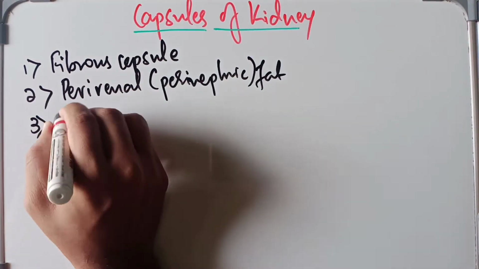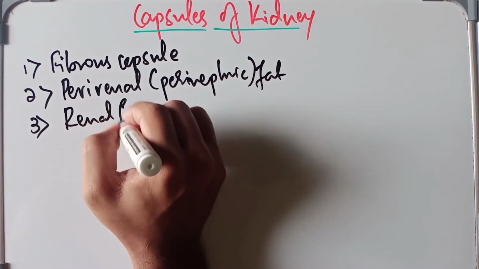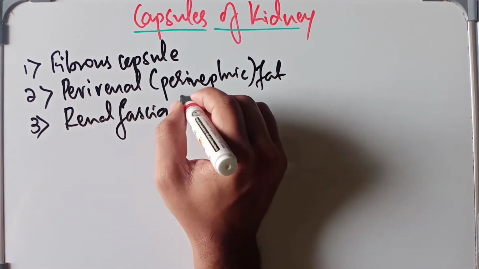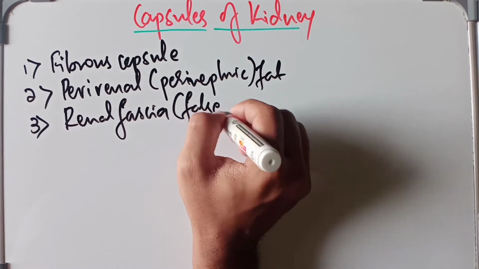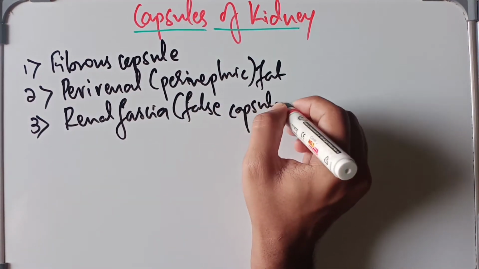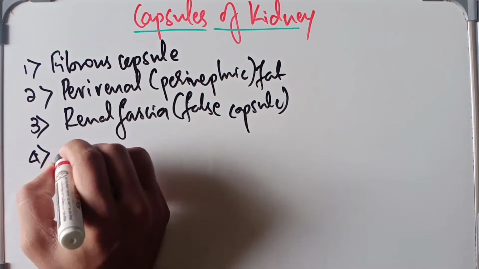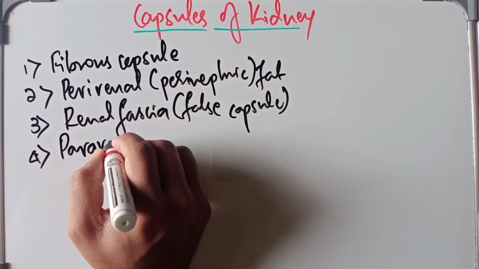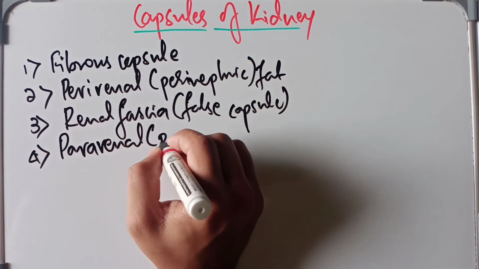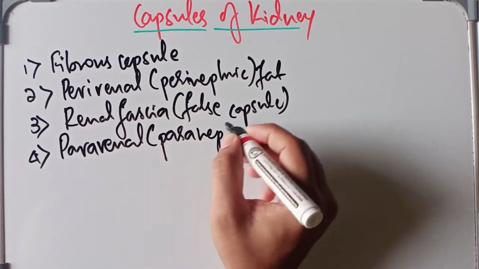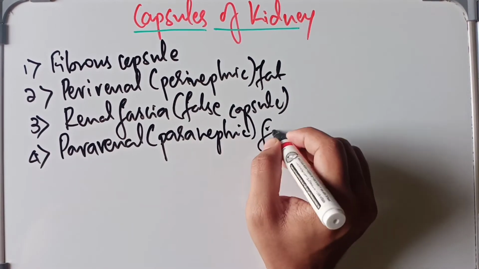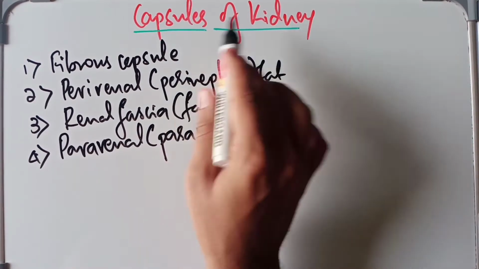Then the third layer is the renal fascia, or the false capsule. And finally the fourth layer is the pararenal, also called the paranephric fat.